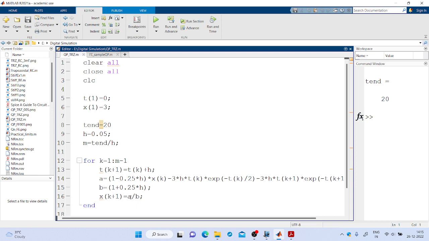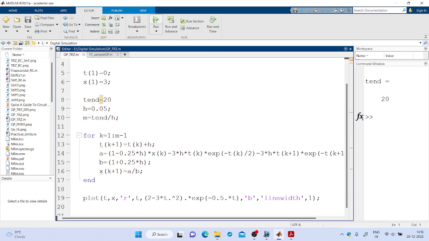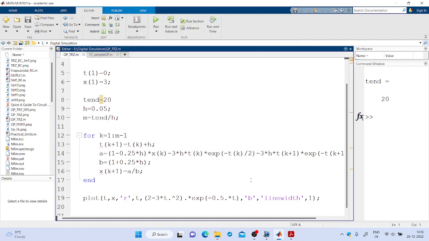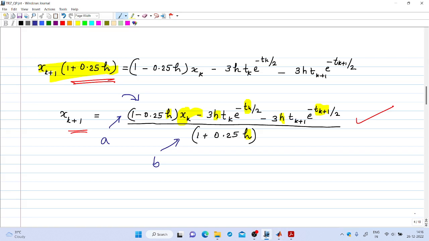Then x of k plus 1 is a by b. Only the evaluation of x of k plus 1 is different, and if you simulate it, you will get the plot. So this is how we can solve a problem using the forward Euler method and the trapezoidal method.